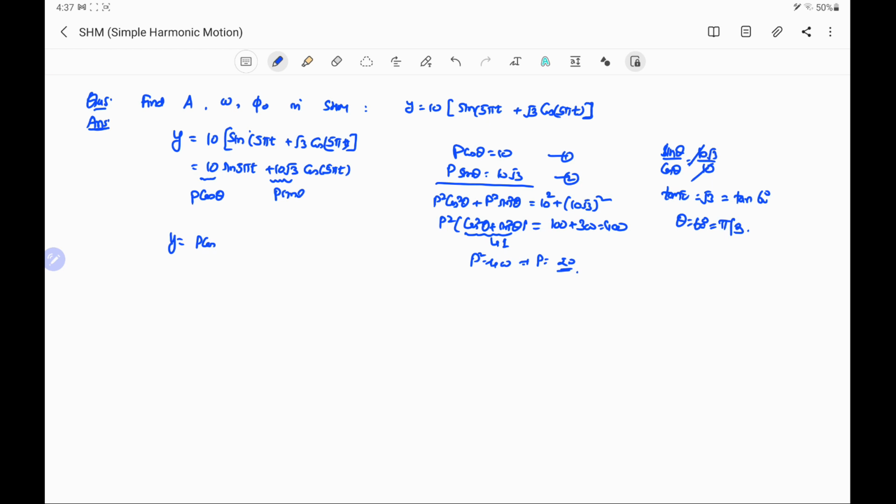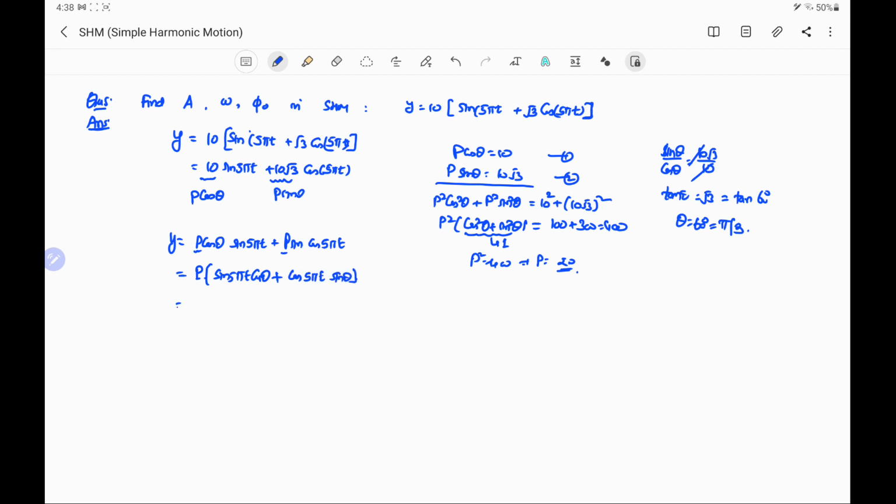p cos theta sin 5 pi t plus p sin theta cos 5 pi t, that is equal to, here p is common, so it is taken out, p into sin 5 pi t cos theta plus cos 5 pi t sin theta.